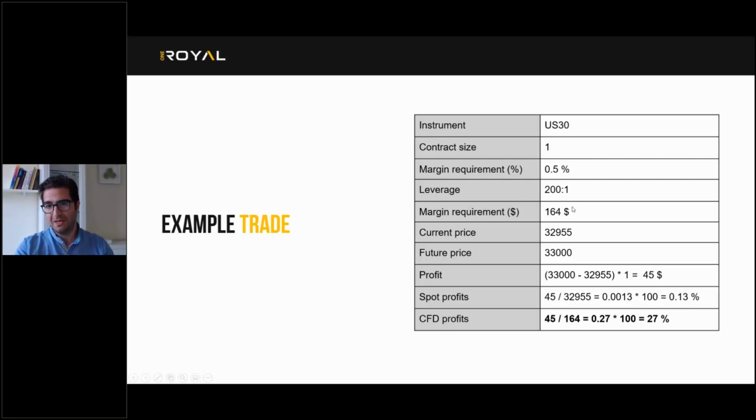So here we made a profit of $45, which is this minus this, because the market went up as we expected. So you made $45 times the one contract. We bought one index. So this is the profit. Now I will show you how this profit compares between spot trading and CFD trading.